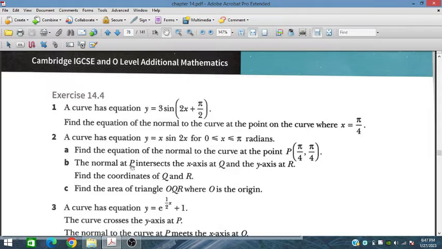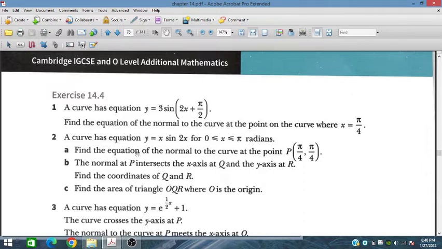After that, the normal at P intersects the x-axis at Q and the y-axis at R.